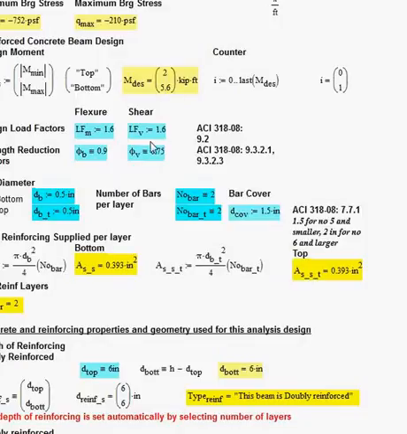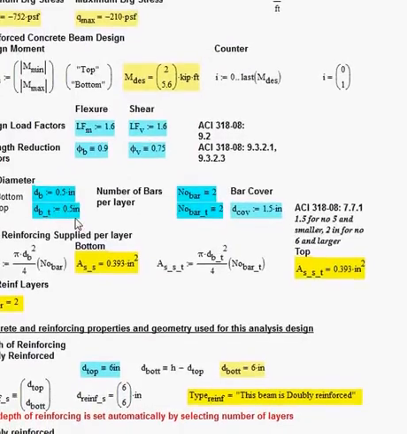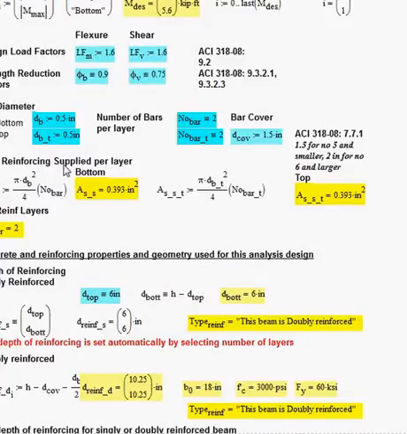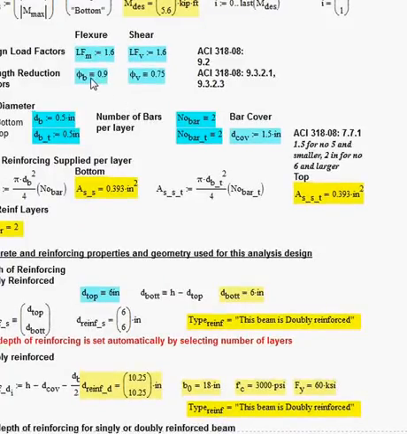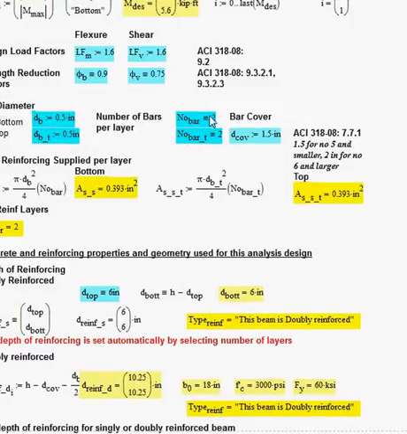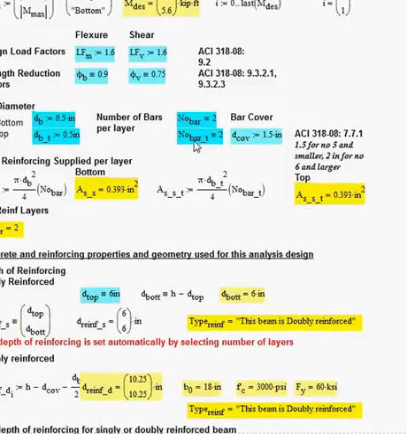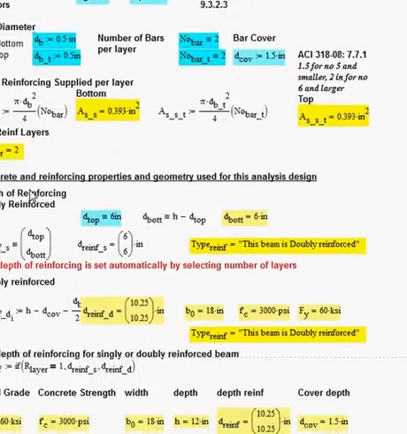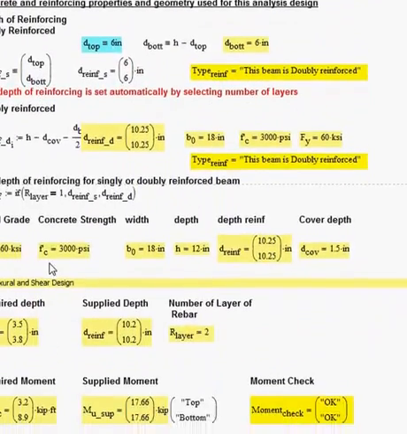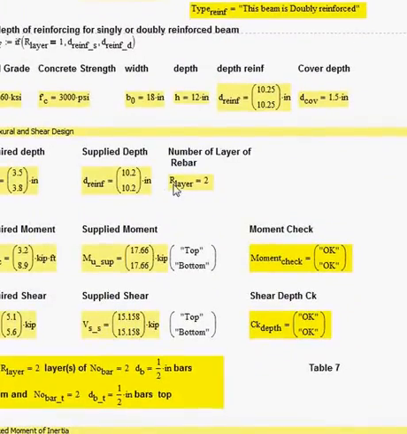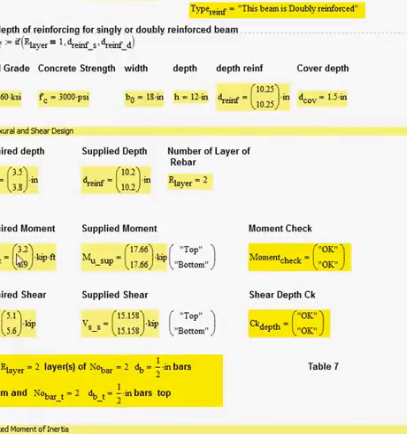Next, there are load factors applied to the moments and shears. Load factor for moment, load factor for shear, and strength reduction factors, the bar size is input, number of bars, cover depth, number of top bars, number of bottom bars, and finally required depth, the supplied depth, number of bars, the required moment, the supplied moment.